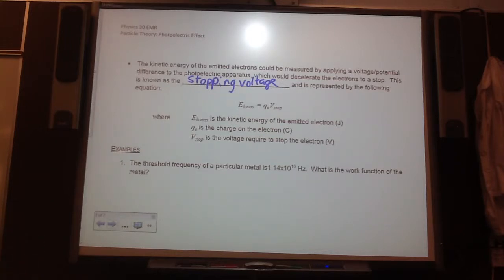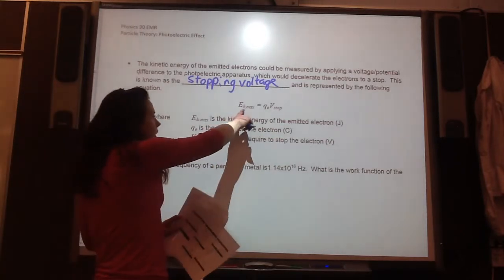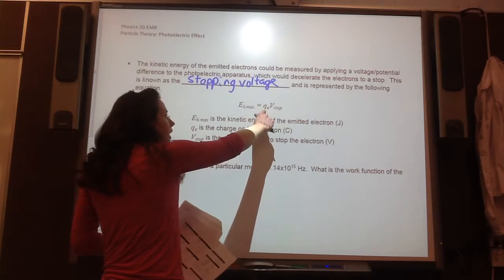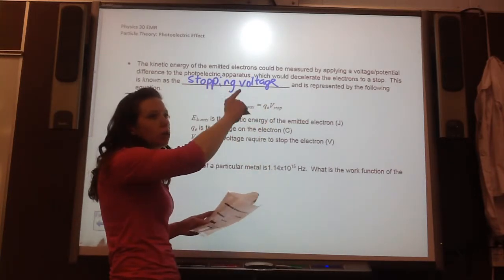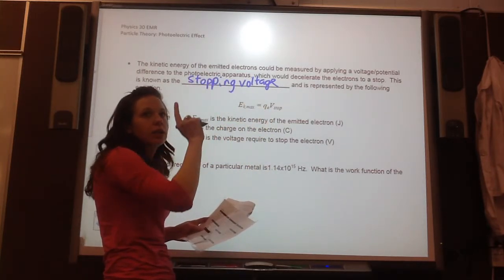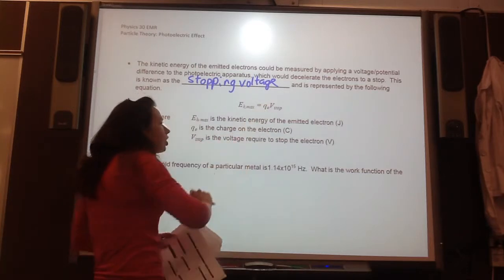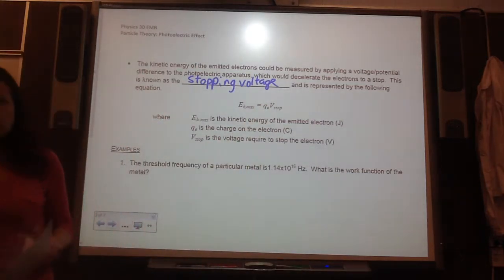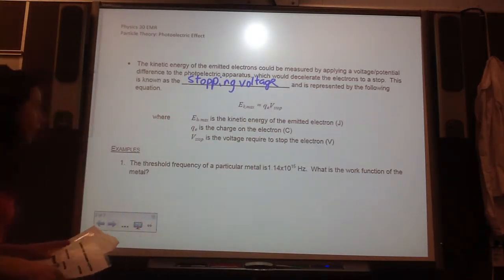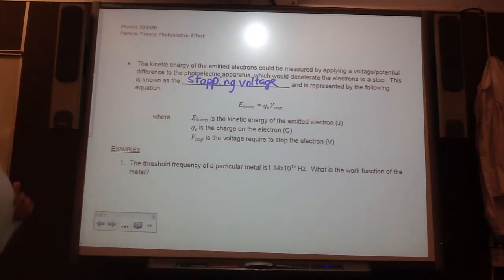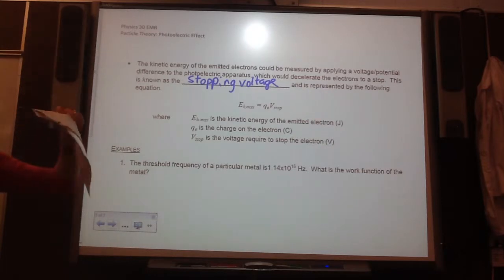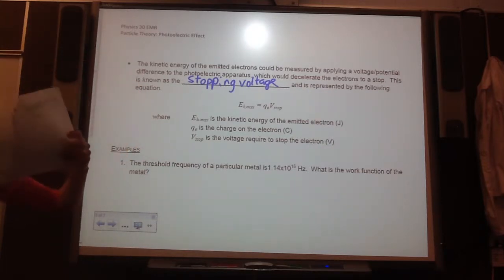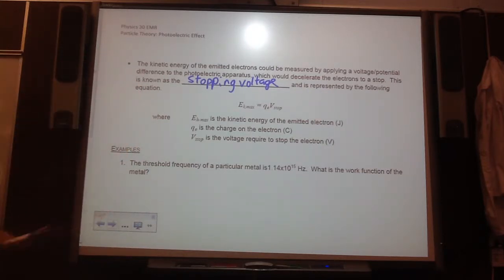If we had the maximum kinetic energy, we knew the charge of the electron, 1.6 times 10 to the negative 19, and V stops, how much voltage is required to stop that electron? Depending on what information you're given, you can use information from all three formulas and work with them to put it together.